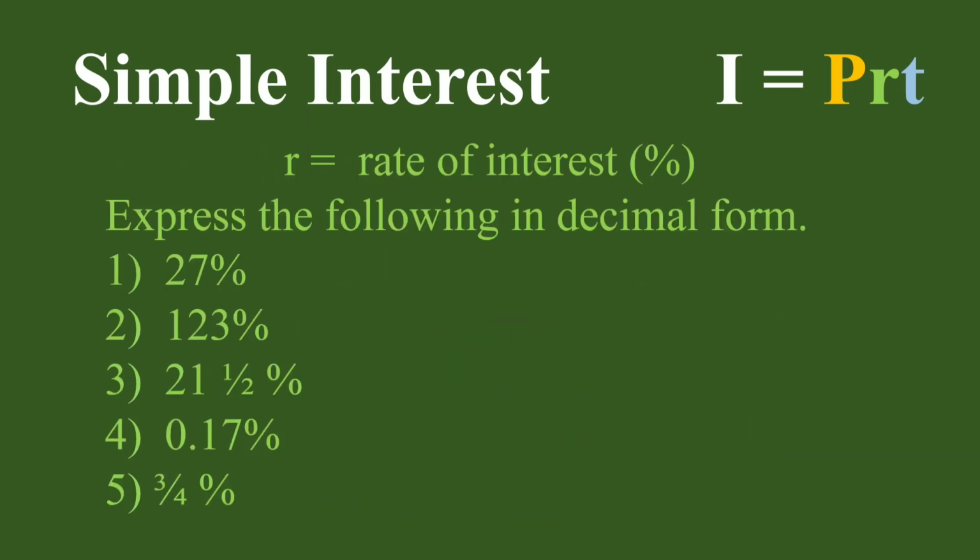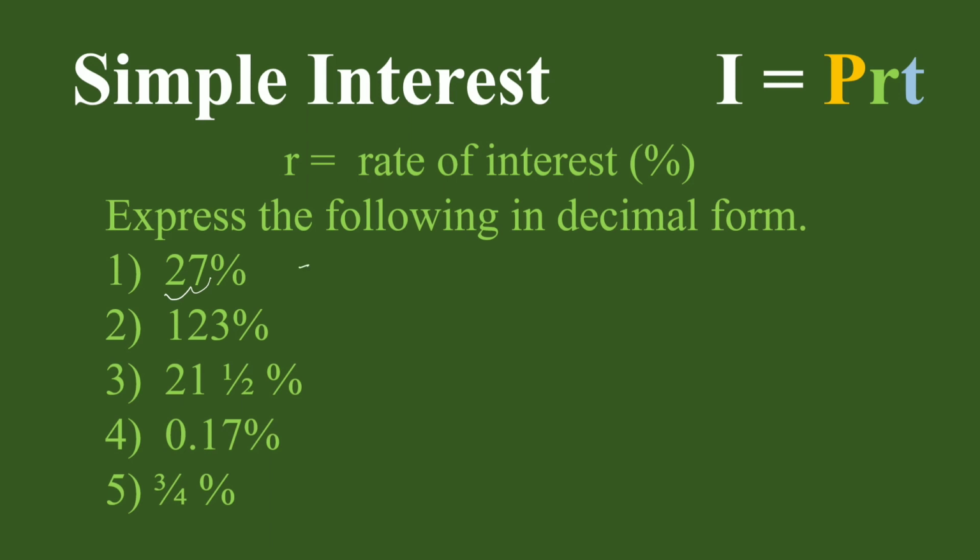Okay, let us convert this rate of interest or percent into its corresponding decimal form. Okay, so how do we convert percentages into decimal? We just need to move the decimal place to the left 2 units. Okay, 1, 2. So that's 27. 1, 2.